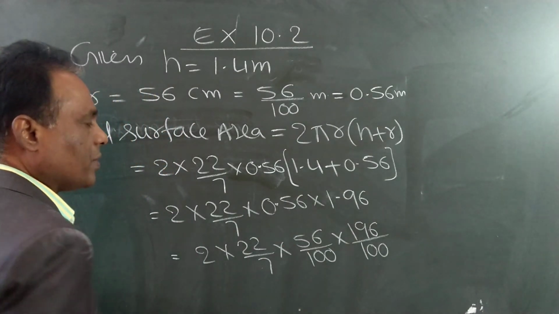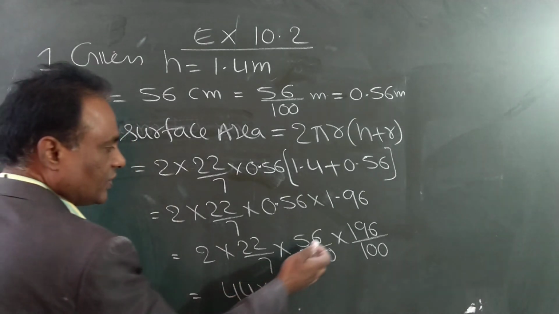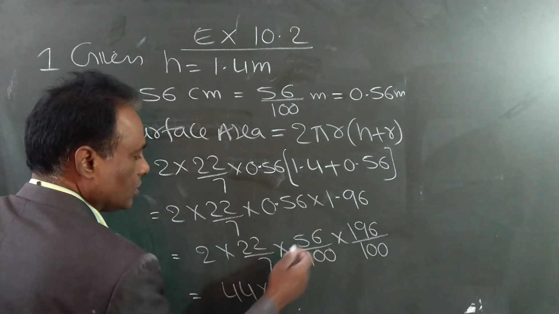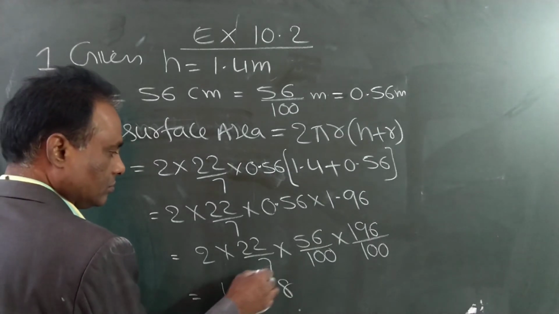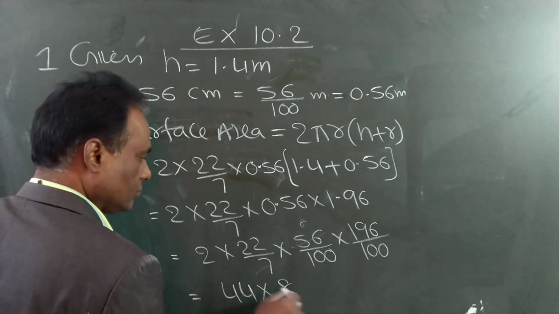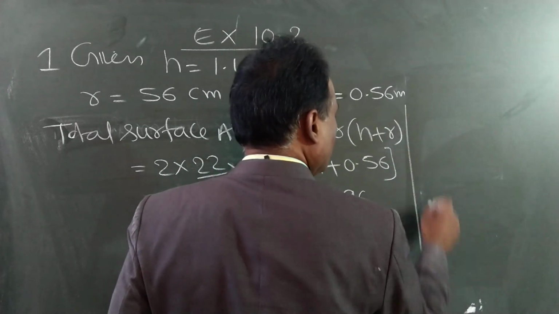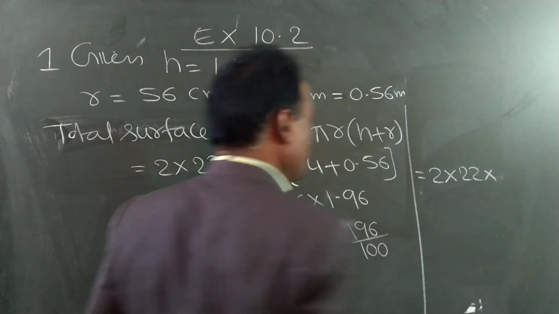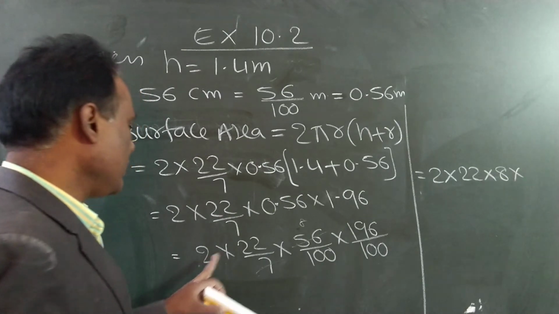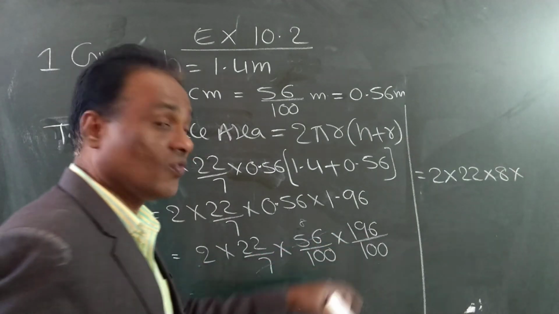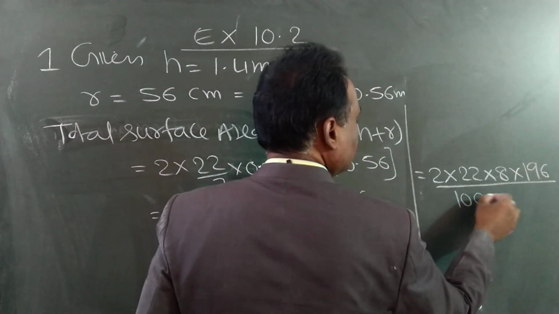Now, 7, how many times? 7 8s are 56. So 7 8s cancel. 8 into 2 into 22 into 196 by 100 into 100. 4 zeros.